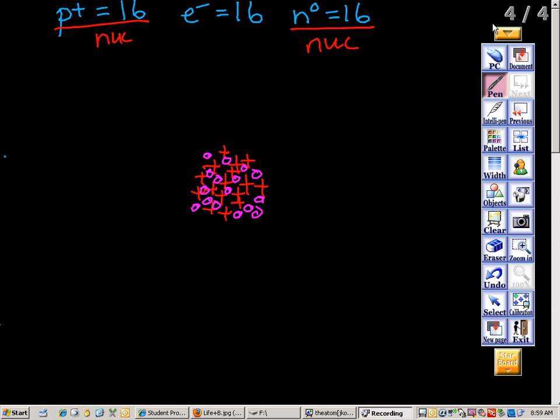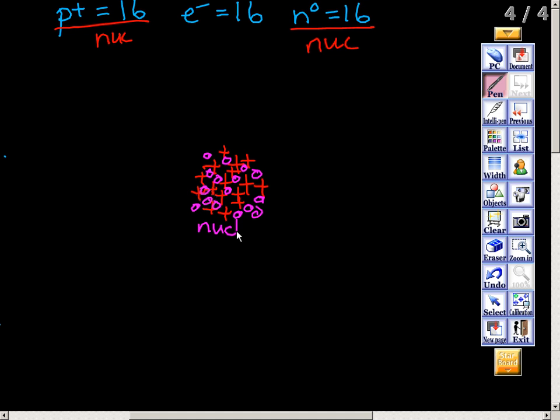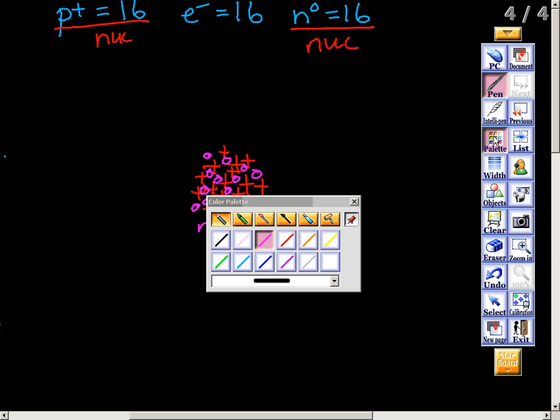So there's my nucleus with my protons and neutrons. 16 protons, 16 neutrons.